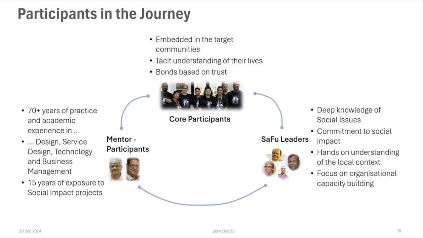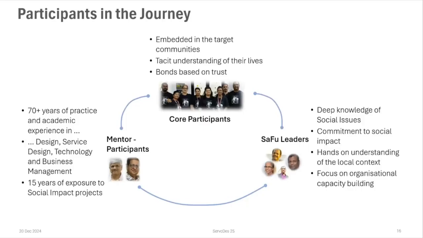They had very deep understanding of the lives of the end users or end beneficiaries. They had already developed bonds with the communities, which were very strong, and these people were considered as trusted people, which means that the end users will open up and so on.